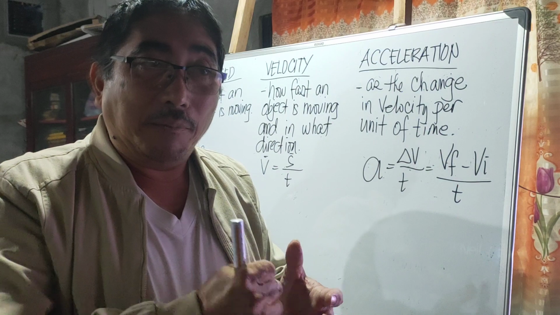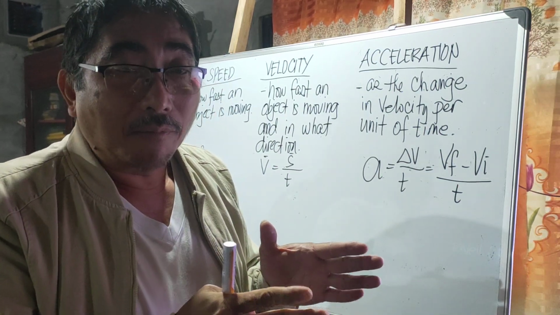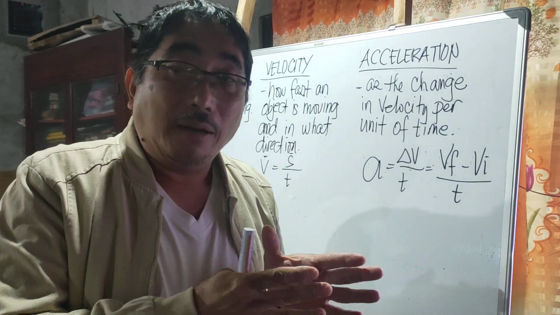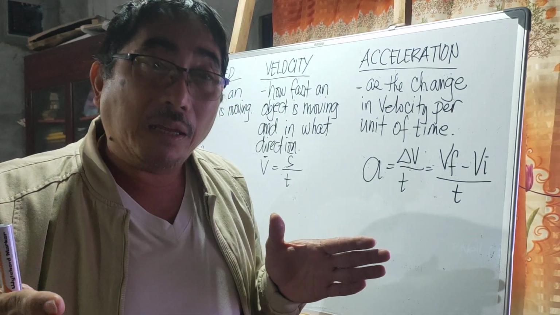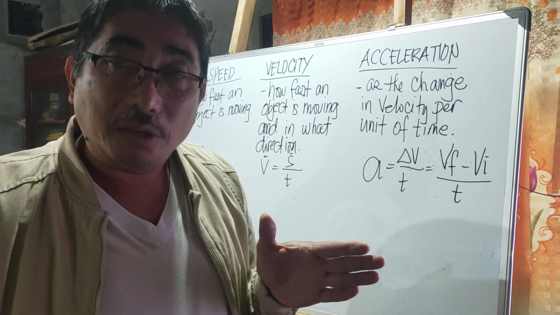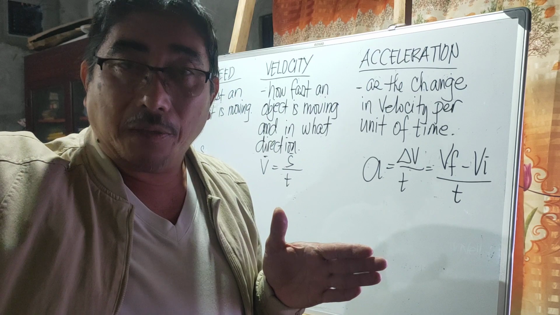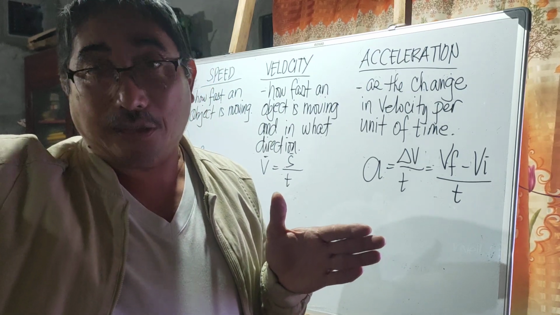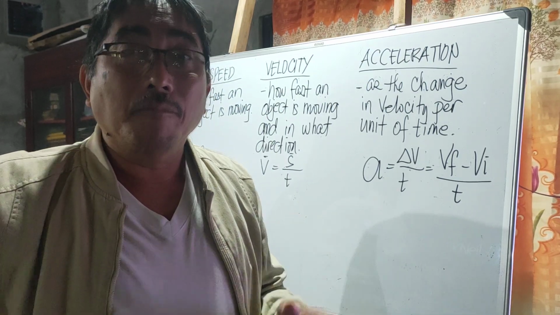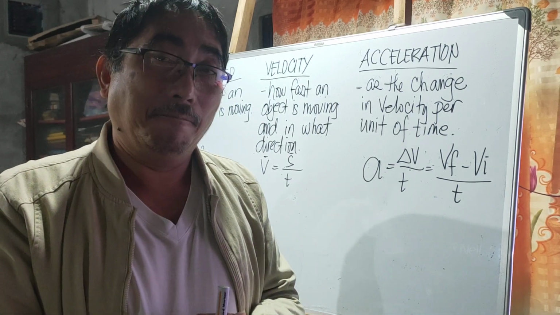Okay? So halimbawa, ikaw ay nag-start ng 20 kilometers per hour, then after few seconds or few minutes, naging 30 kilometers per hour, naging 40, naging 50, 60 kilometers per hour, and so on. Then ang ibig sabihin is you are accelerating.